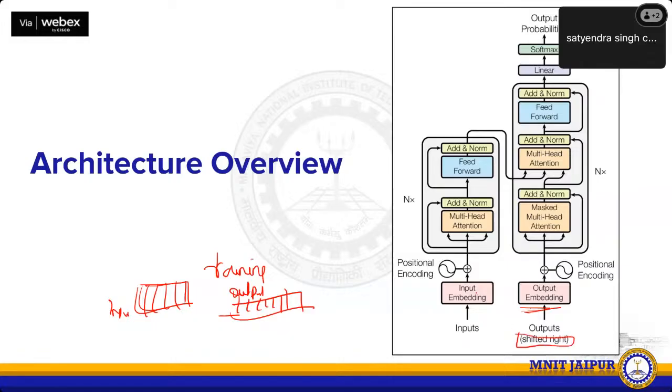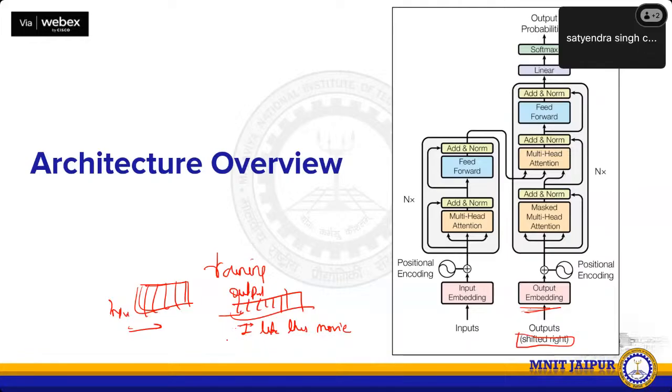Someone asked me why it is shifted right. The reason is that the output is generated one word at a time. During training, the output sentence we shift right. For example, "I like this movie" in one language is represented by something else in another.